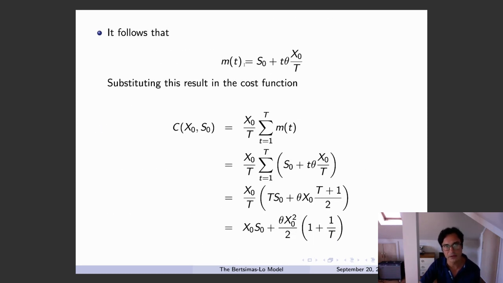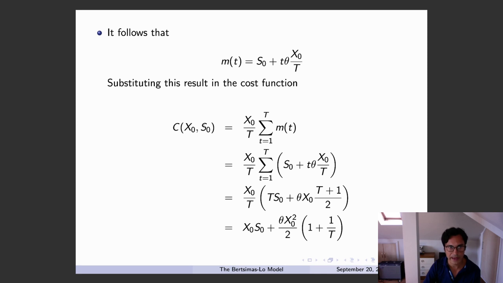We're asking ourselves at time 0 what price we expect on average to see at time t, given there is no drift. So we have S0, the initial price, plus t times the impact of one execution, given that they're all the same. That's why things get linear.